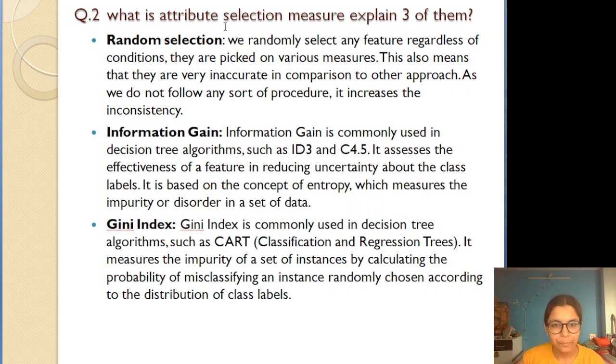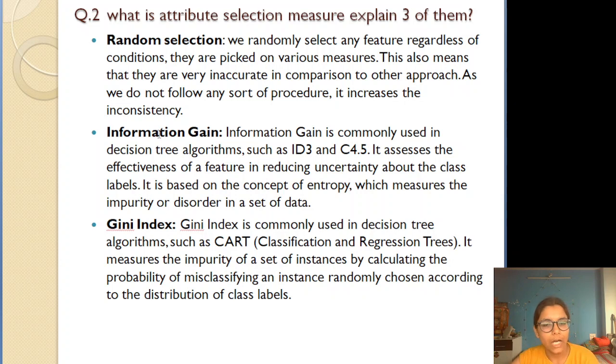We just randomly select any feature that we find. This also means they are very inaccurate. If you are just taking up some attribute, it might not lead us to our splitting criteria. It won't give us an accurate representation of our data set. So it has to be inaccurate in comparison to every other approach.